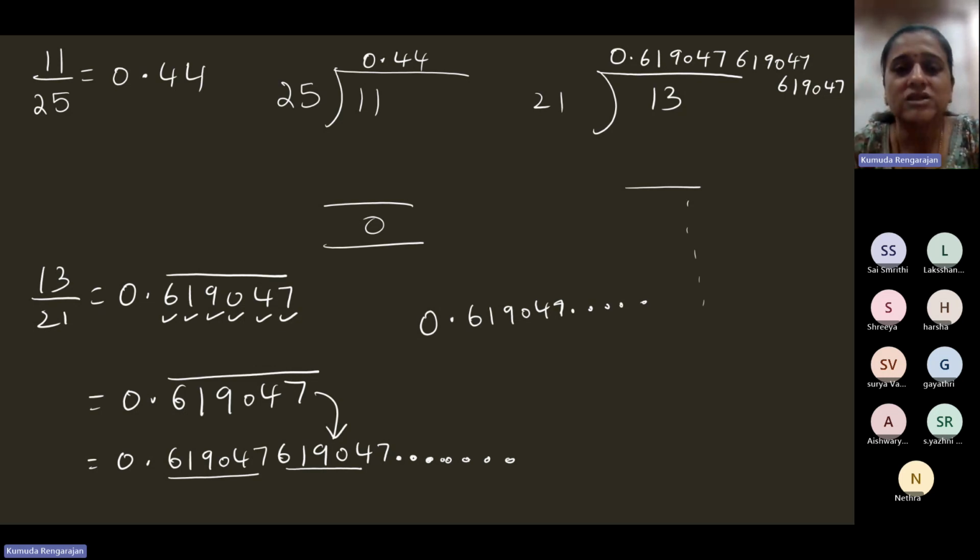In the other case, the division does not come to an end because we find that a remainder or a set of remainders keep repeating themselves.